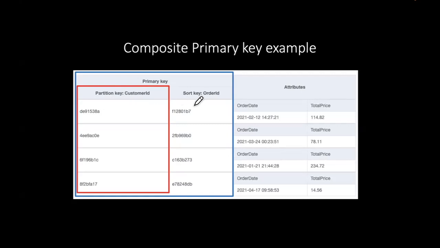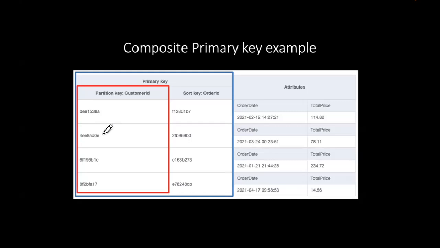Yeah. Order ID is going to be the sort key. Customer ID is going to be the partition key. And in terms of item collections, that now means that all of the orders by a particular customer are going to be grouped together. And it looks like these two have the same customer ID. So this would be an item collection.